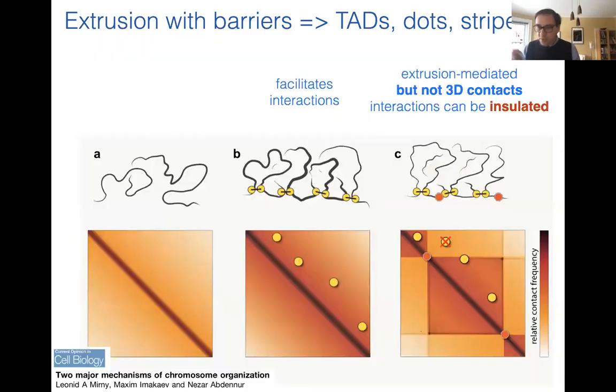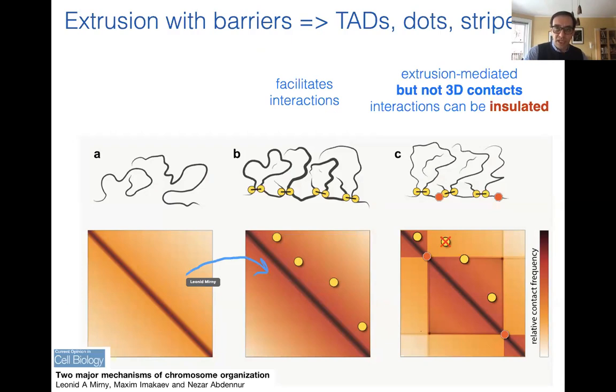So one important conceptual thing that came from this 2015 and 16 story is that what extrusion does, it facilitates all contacts. It does not facilitate contact selectively. So if you compare, for example, a map without extrusion and a map with extrusion, all contacts are facilitated.